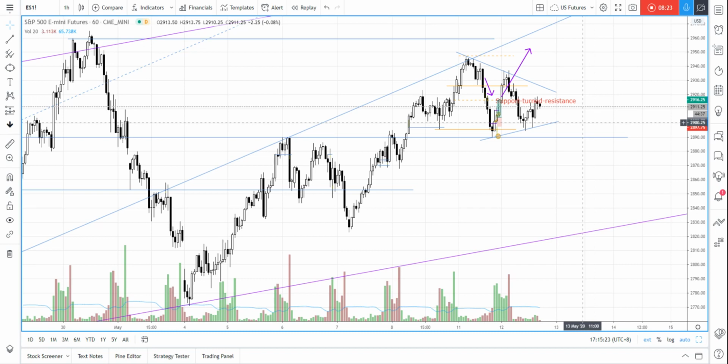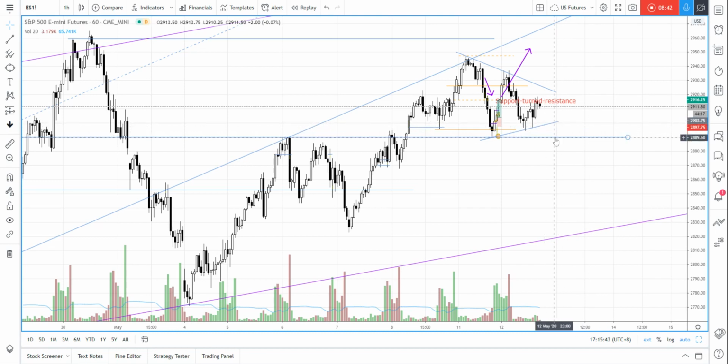But for this bias, I am still maintaining my bullish view, because as I mentioned, it's still committed above the 2900 level. So as long as it stays committed above the 2900 level, I am bullish. But just watch out for a break.